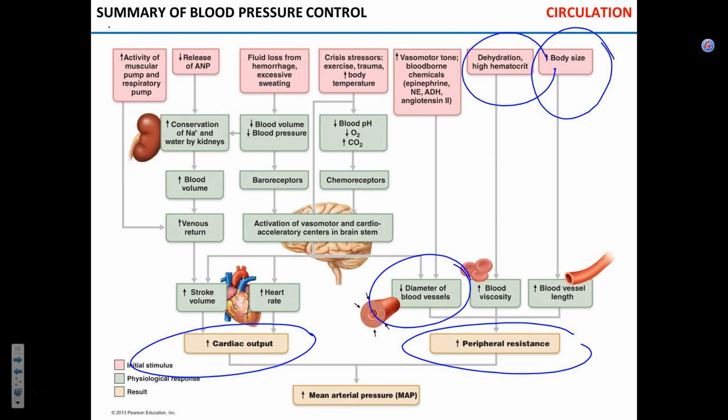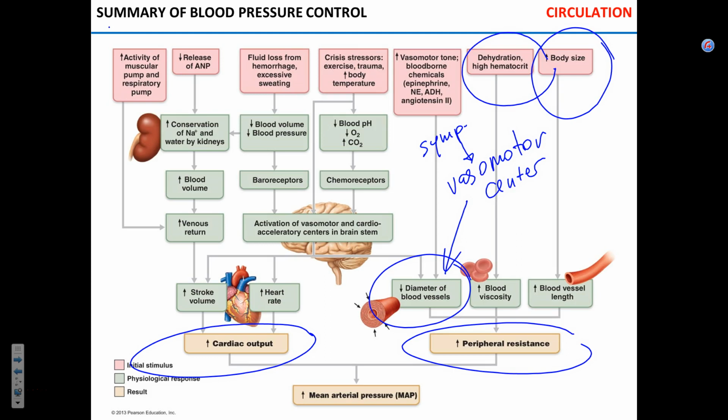Now, what do you need to activate, which center, to constrict the blood vessels? Vasomotor. That makes sense? Vasomotor center, which is under which control? Sympathetic. And sympathetic activation may be caused by stress, exercise, you all know that.